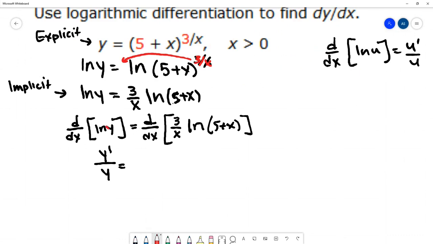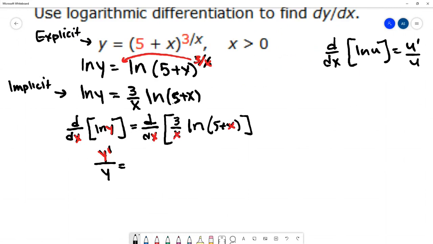The derivative of the inside here, the derivative of y, these variables don't match, so that's why we just write that y prime. Whereas on the other side of the equation, we have a variable of x, and we're taking the derivative with respect to x, so we will be able to calculate the derivative.